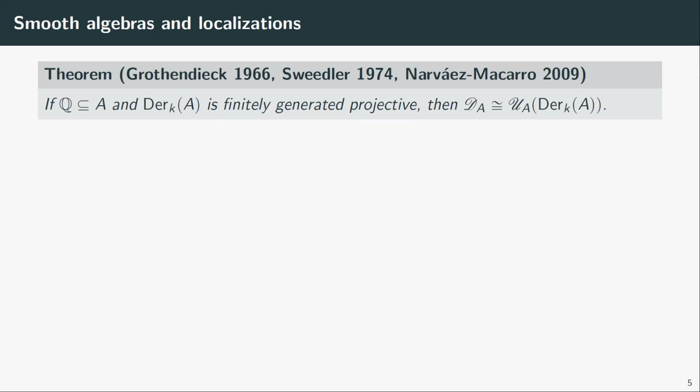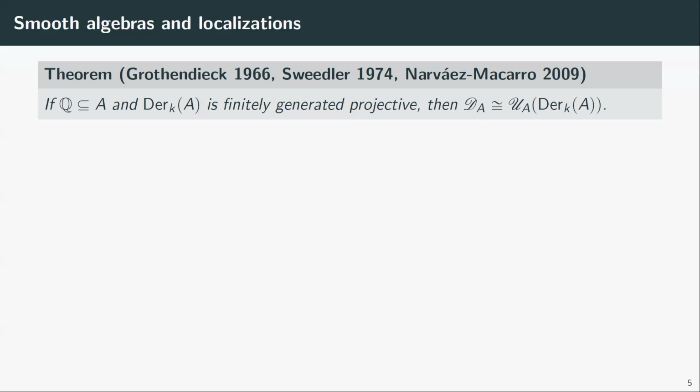And here we have this result: if Q is contained in A, that is one reason I used Q for the previous examples, and the derivations are finitely generated projective, then the ring of differential operators is isomorphic to the universal enveloping algebra of the derivations.